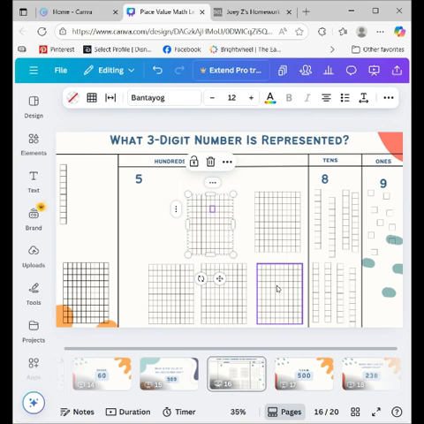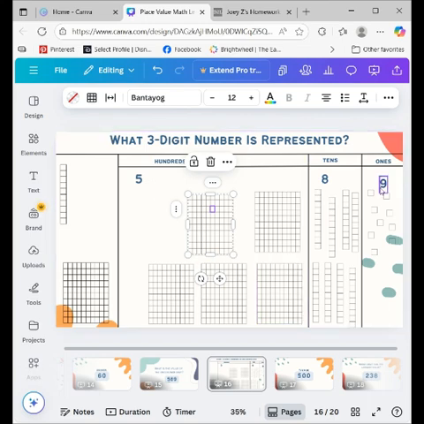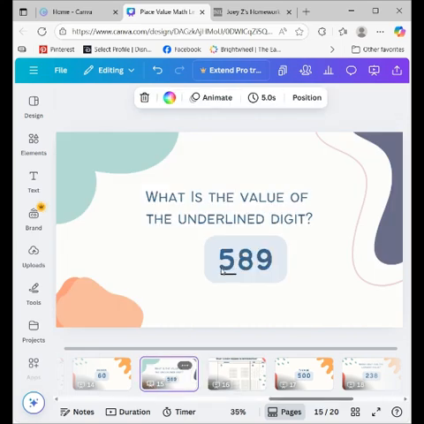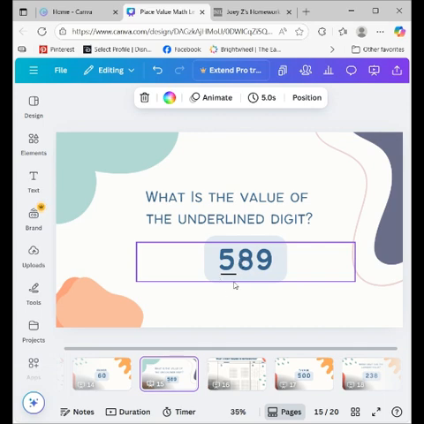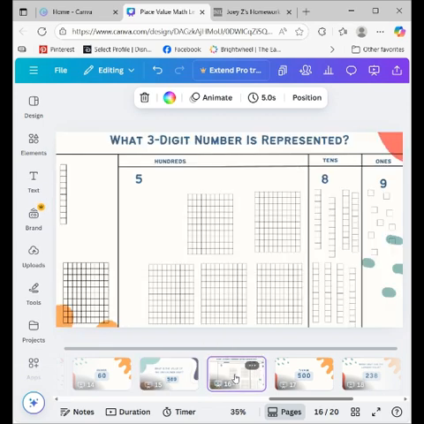So, in the number 589, we were trying to find out the underlying number, which was 5. The value of this number 5 is, what is it, Joey?